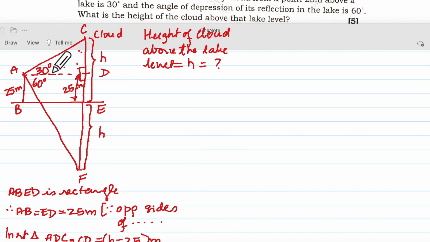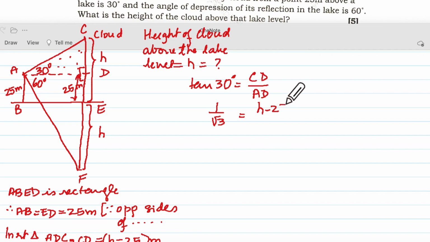Understood? And you will have to take in this triangle tan 30. Tan 30 degrees is what? CD upon AD. How much is tan 30? 1 upon root 3 equal to how much is CD? H minus 25 upon AD. Okay, so I will say AD is equal to root 3 into H minus 25.